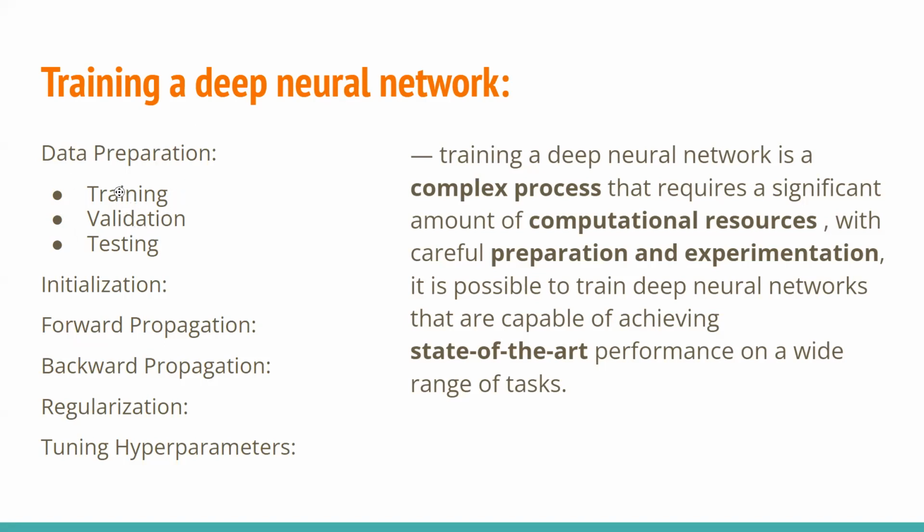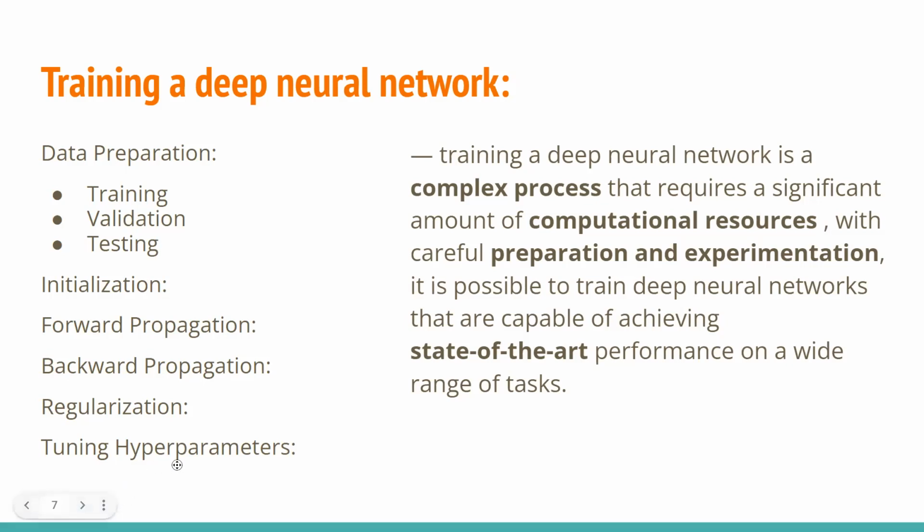Once training is done, we validate it and test for the real scenario. What are the things here? It gets initiated, weights get initialized, and there is a process called forward propagation and backward propagation and regularization. Regularization is very important because at a certain point we have to stop our training, and we have to see that it should not be overfitted.